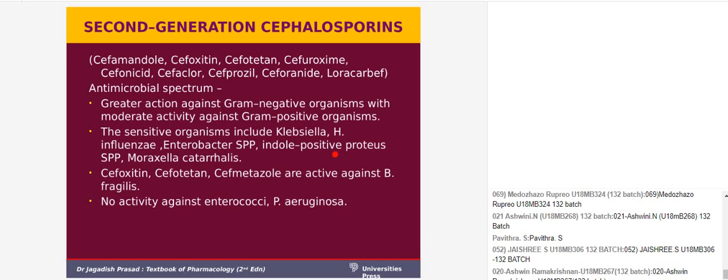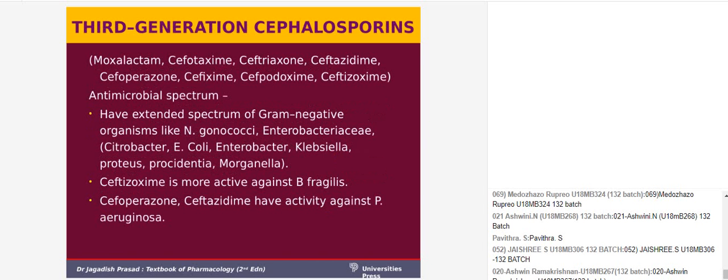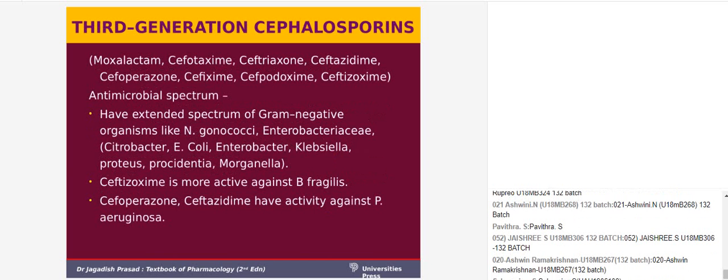Then we have the third generation cephalosporins, which include moxalactam, cefotaxime, ceftriaxone, ceftazidime, and cefoperazone.